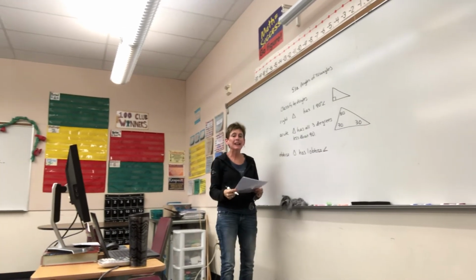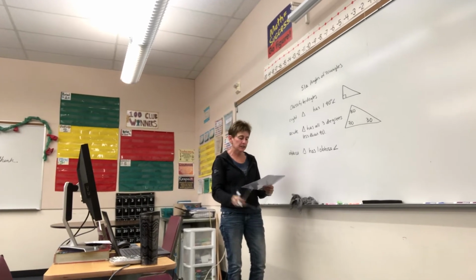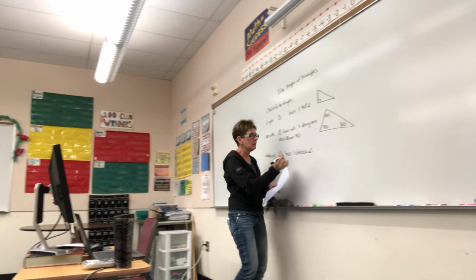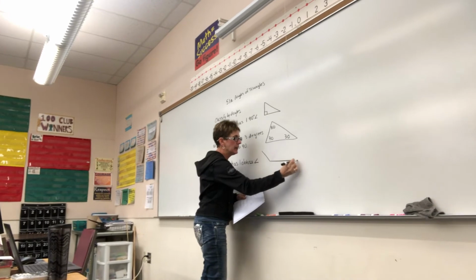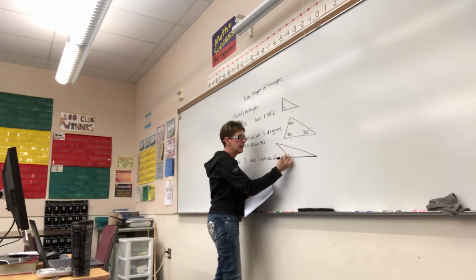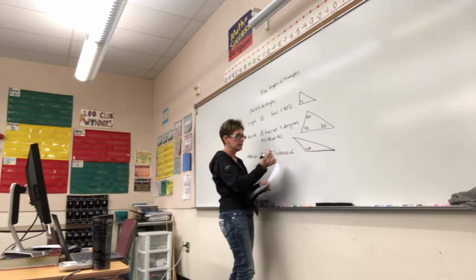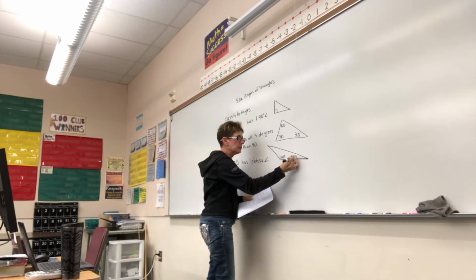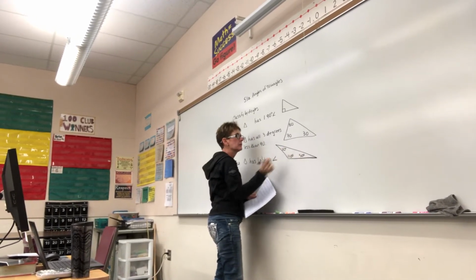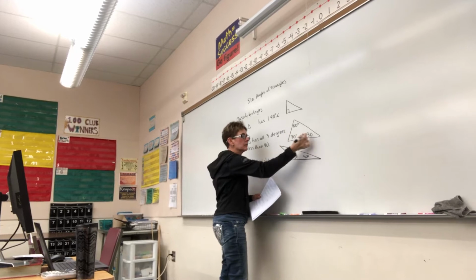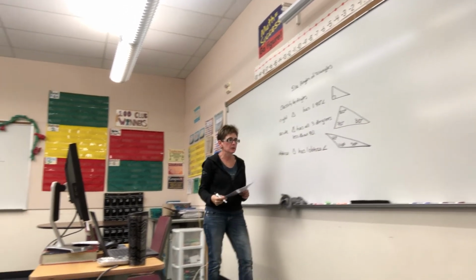That means one angle that's more than 90 degrees. So for example, we could have a triangle that has angles of 110 degrees, maybe 50 degrees, and 20 degrees. That would be considered obtuse.